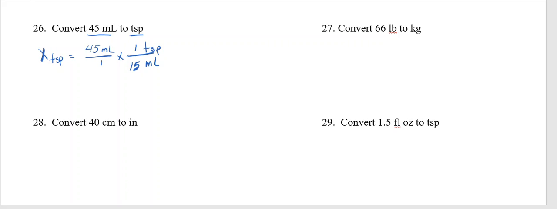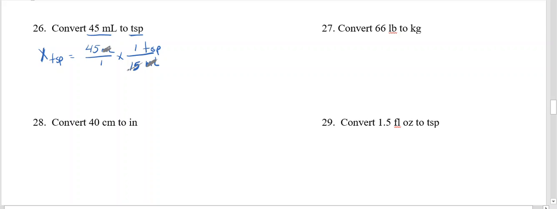Okay, so I'm going to cancel. Milliliters cancels milliliters. And when we were multiplying fractions, remember I told you you can cancel across the multiplication sign? So I can look at these, they both end in 5, so I know 5 goes into them. But I also know that 3 times 15 gives me 45.